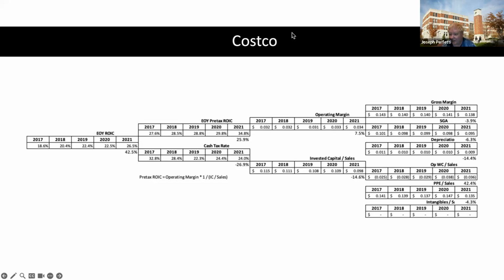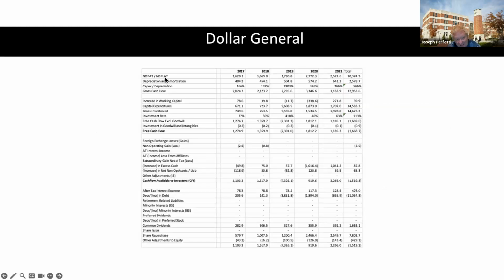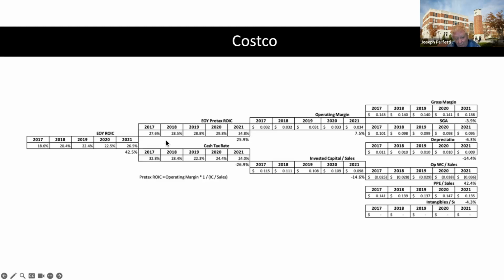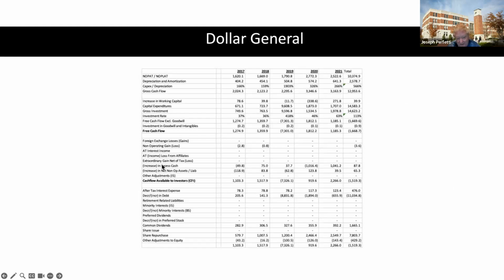Okay, so your homework assignment for next week is going to be doing a 5-year ROIC tree analysis of Costco against Walmart. Okay, and 5 years of just free cash flow, stopping here. You won't have to do the rest of the tree or the rest of the statement.